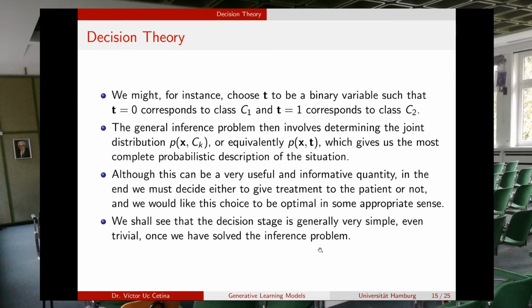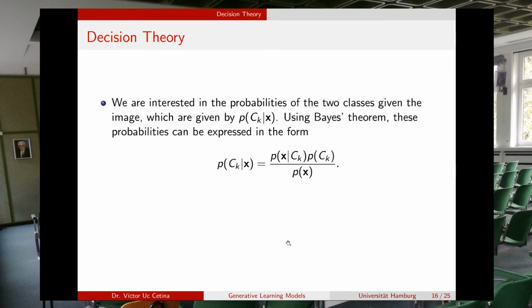So the main difficult part is to be able to estimate this probability distribution, which is a joint probability distribution. Once we have done that, and once we have decided how we are going to use the probabilities to make a decision, then the problem is simple.